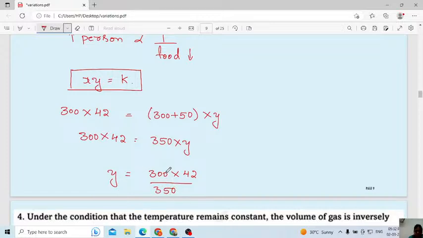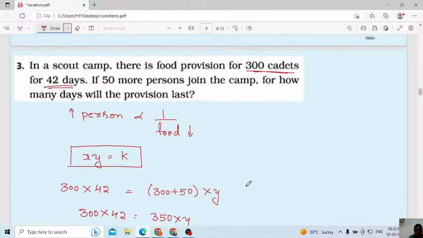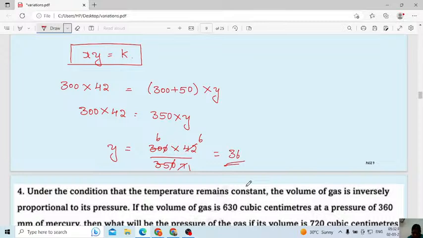These zeros get cancelled. 5 6 5 7, again 7 1 7, 6 6 6, 36 days. If the persons increase, then within 36 days, whatever food you have will get finished or consumed.